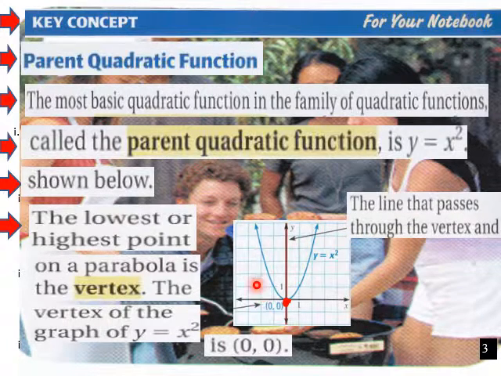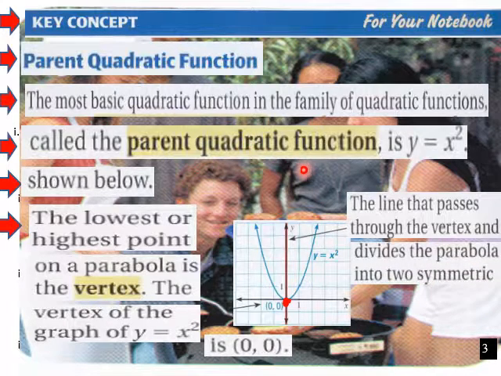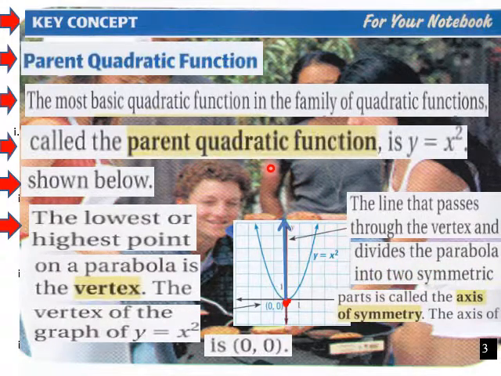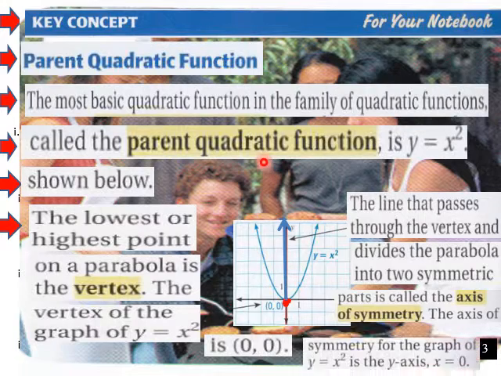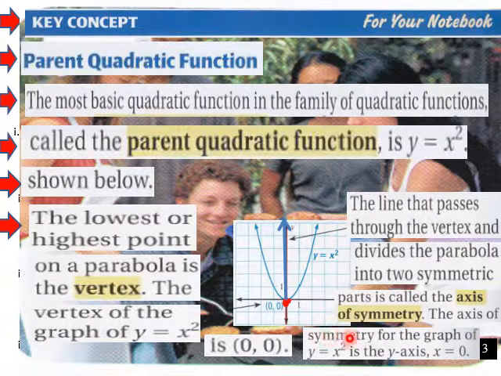The line that passes through the vertex and divides the parabola into two symmetric parts is called the axis of symmetry. The axis of symmetry for the graph of y equals x squared is the y-axis, x equals 0, so here's your axis of symmetry.